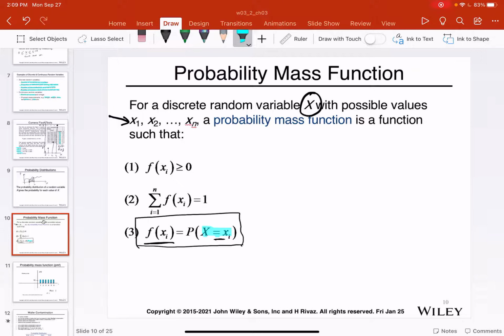Now, can somebody say in plain English why these two are correct? Raise your hand if you know the answer. The third one was the definition of PMF. So f is called PMF. This is the definition. Why are the first and second correct?